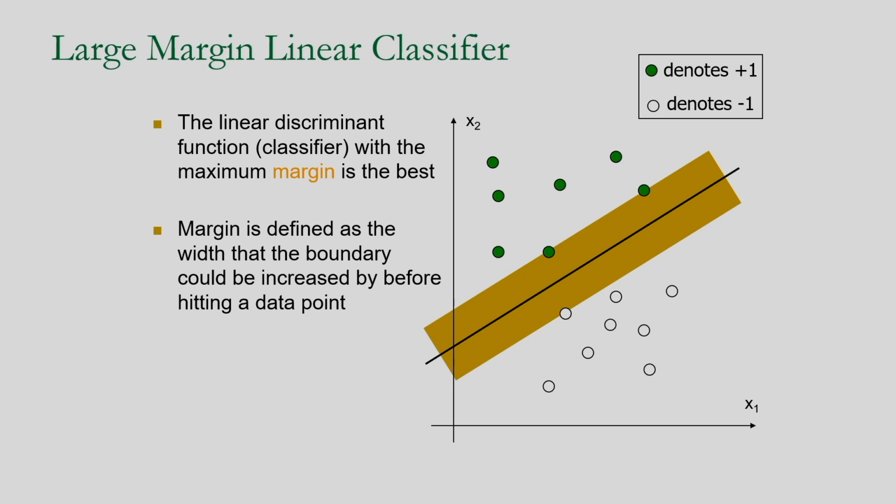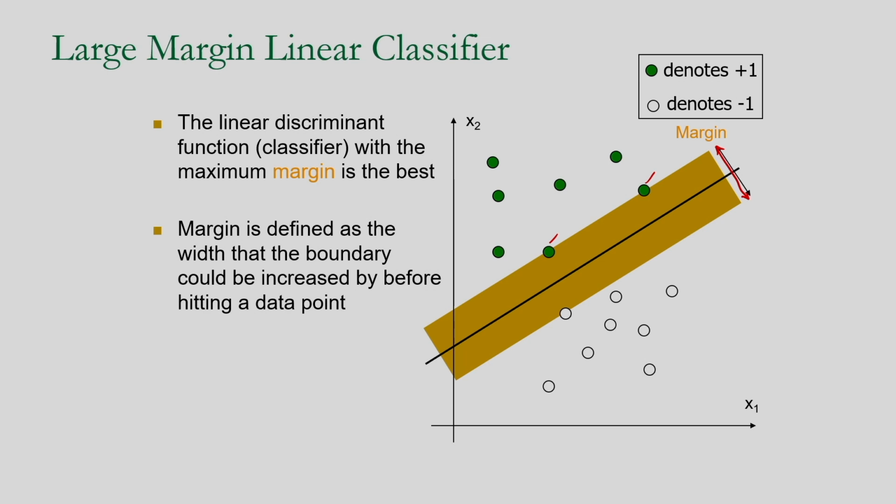You can see I am considering the boundary like this, and I am increasing the width of the boundary so that it will just touch the sample points. These are the sample points, so before hitting the data points I can stop. Based on this, I can define the margin of the hyperplane. So this is the definition of the margin.